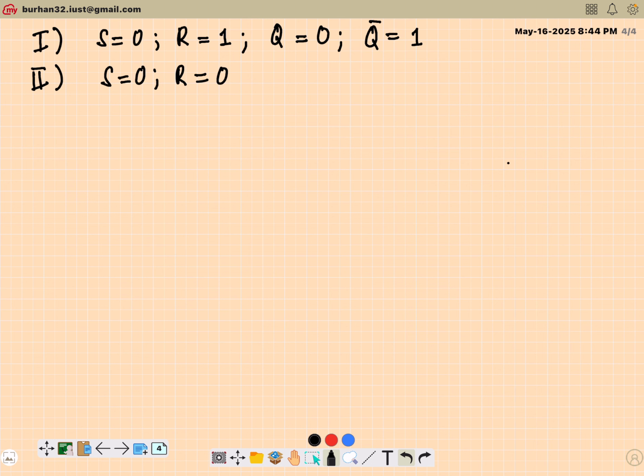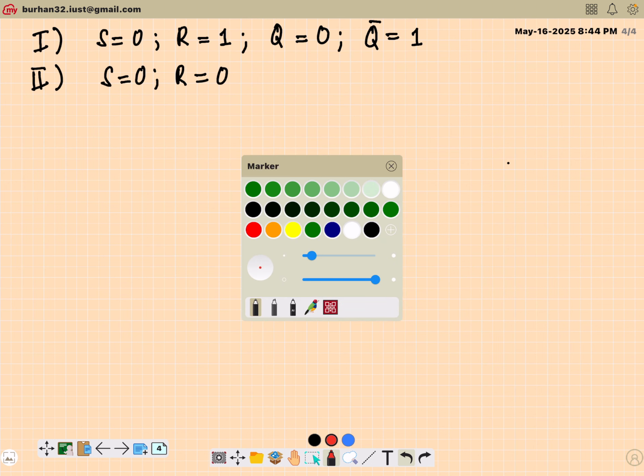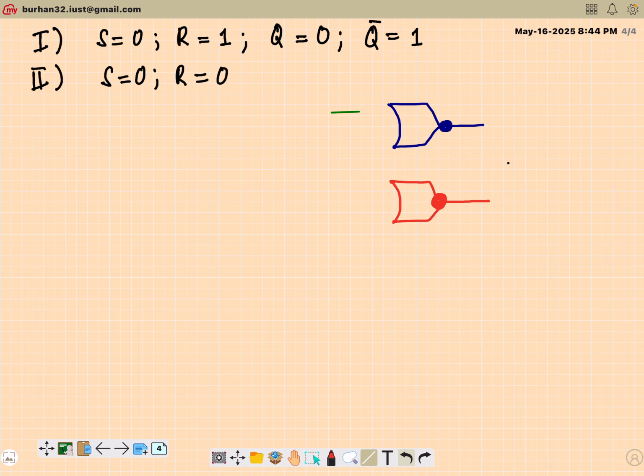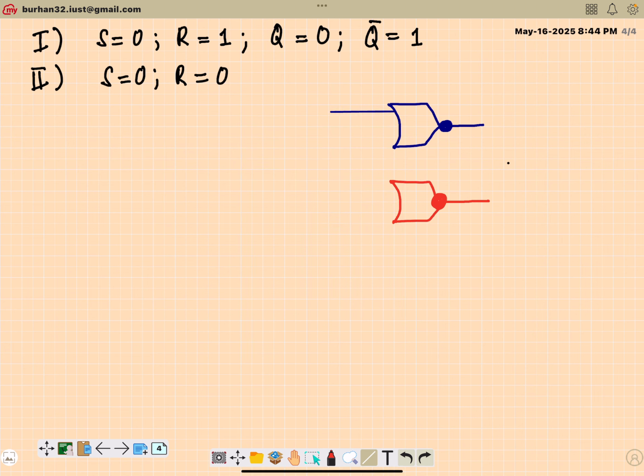Fine. So it means something like this. Let me just quickly draw the circuits here. This is the upper NOR gate. Then I have the lower one. Then I have the feedback connection. First, I will have the direct inputs. Direct input here. Then something like this.